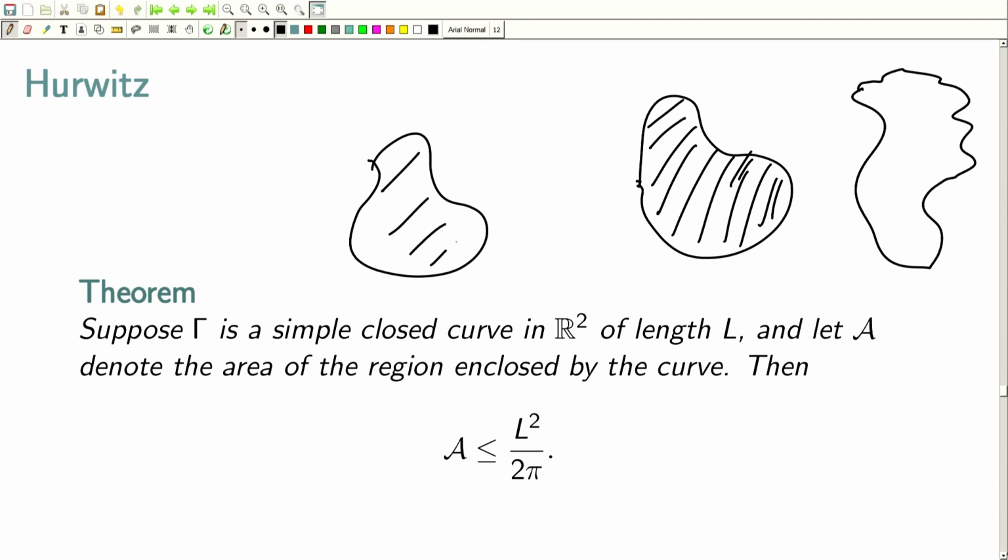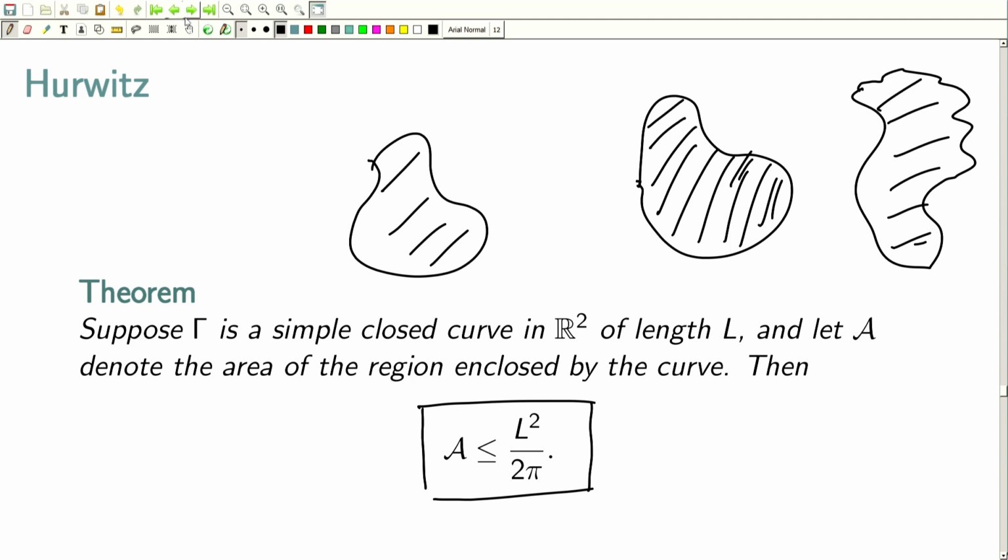Now, for this curve the L is fixed, but the area is going to change. Whatever area you take, the area will always be less than or equal to L square by 4 pi. This is the perimeter.